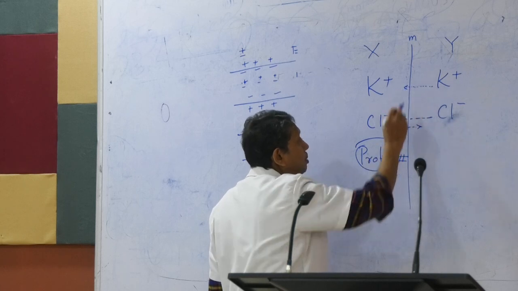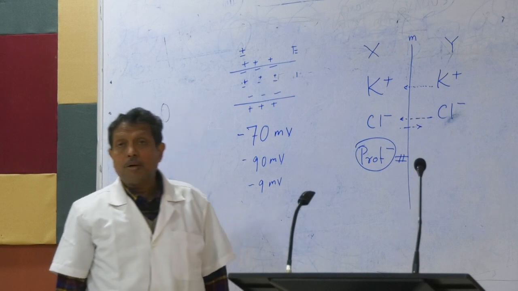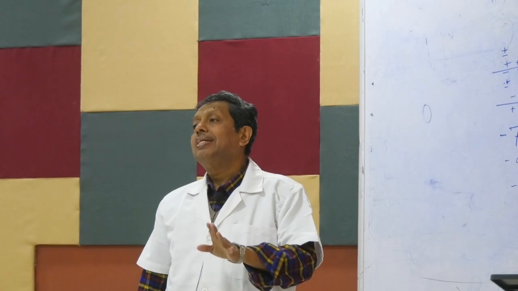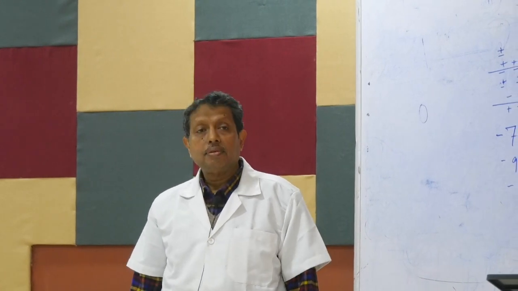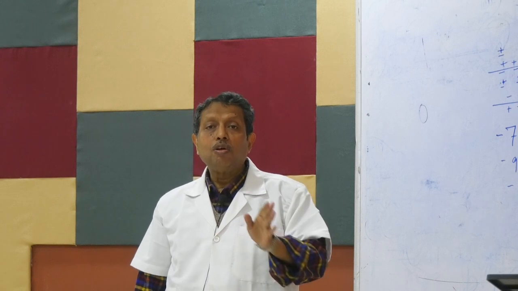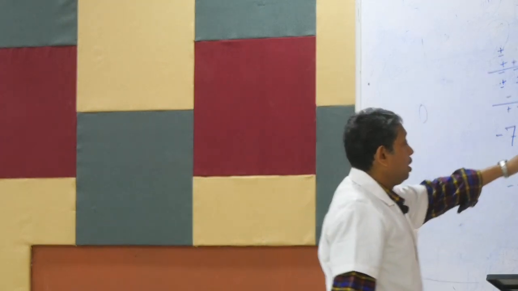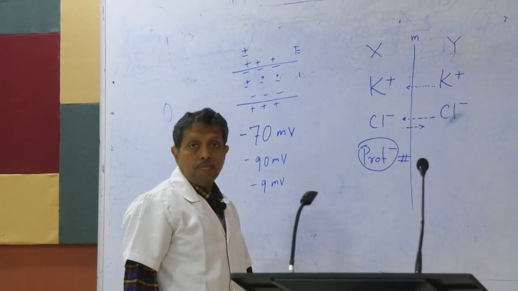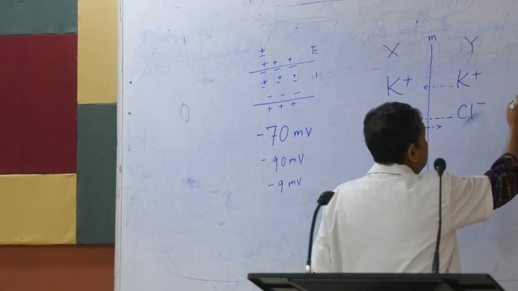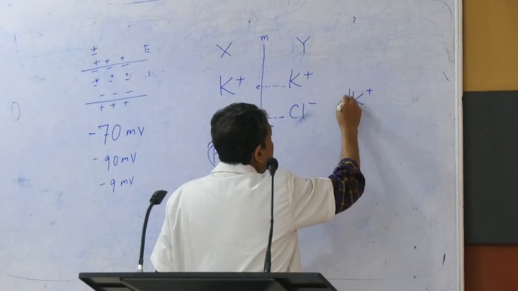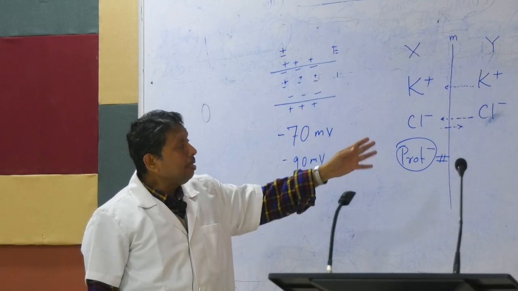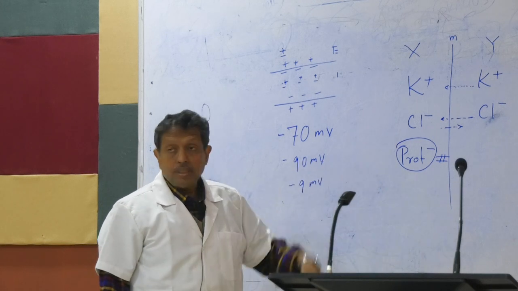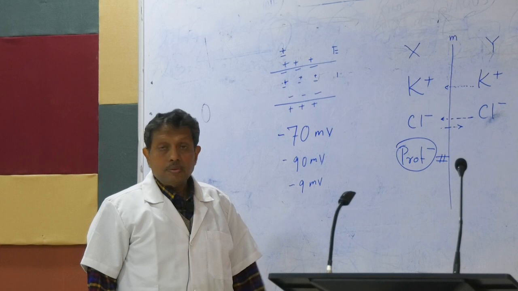Initially, the concentrations were equal, as millimole or milliequivalent. After equilibration, the potassium concentration in chamber X is more than that of Y. The number of particles is also more in compartment X than in compartment Y.